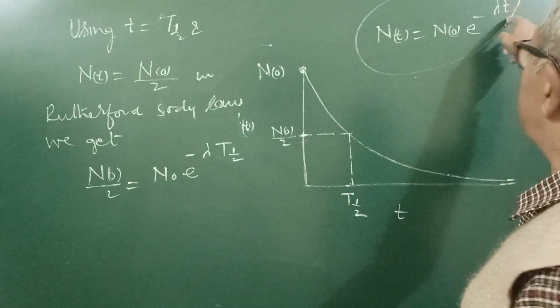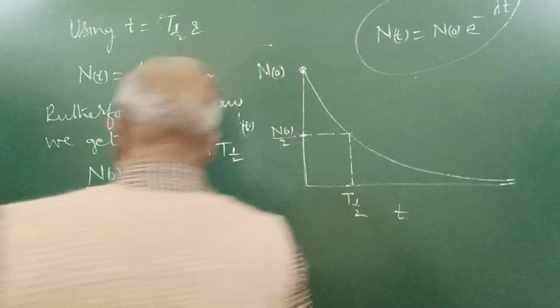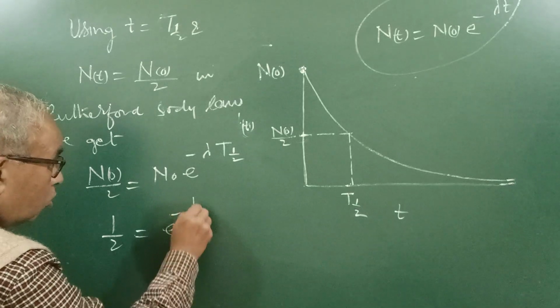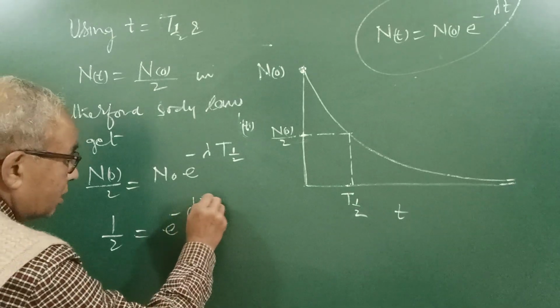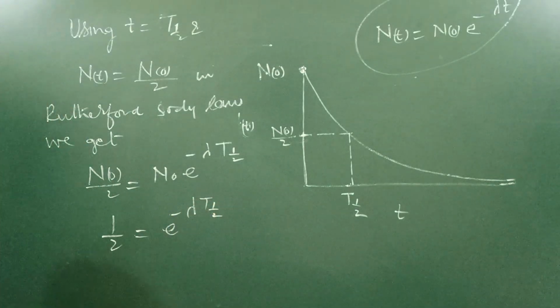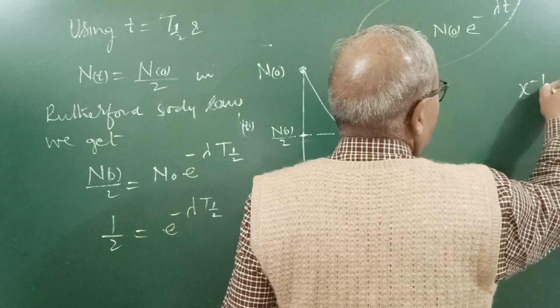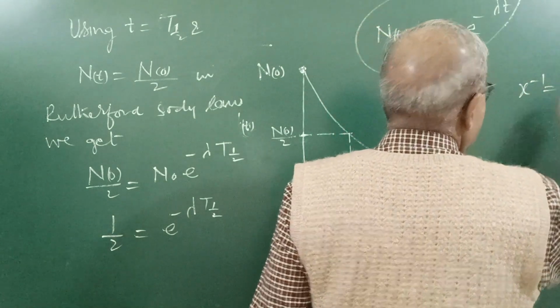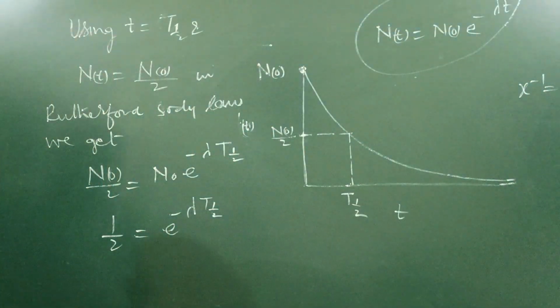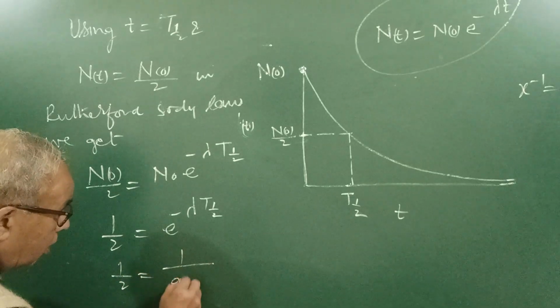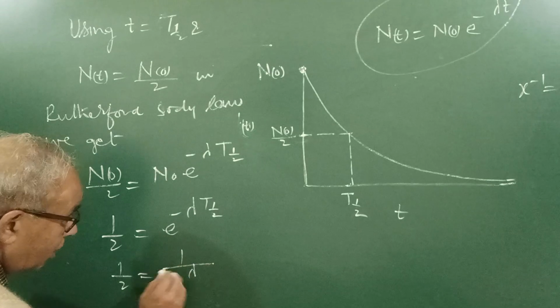So in place of this we write this, and we get here 1 by 2. Don't be afraid of mathematics. Simple things are there, nothing else. If it is x to the power minus 1, you can write 1 upon x. Or you can write here 1 upon 2 is equal to 1 upon e to the power lambda t half.